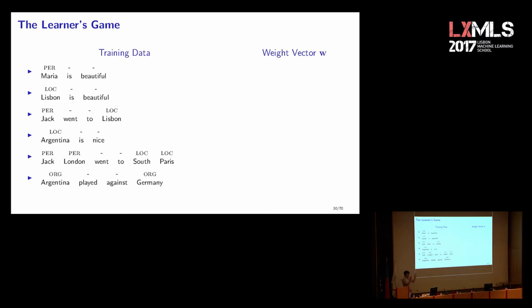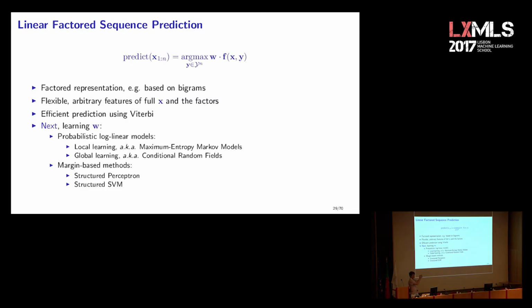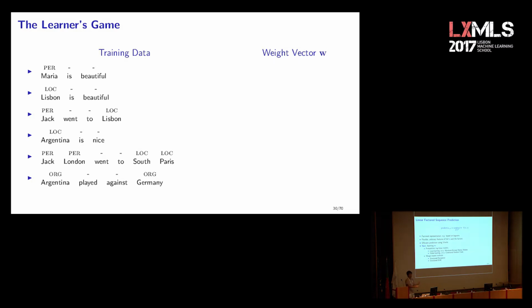Once all this is given, the learner needs to set the weights such that the correct sequence is the one that is the maximum. Initially, all the weights are 0. So what's the score of any sequence?